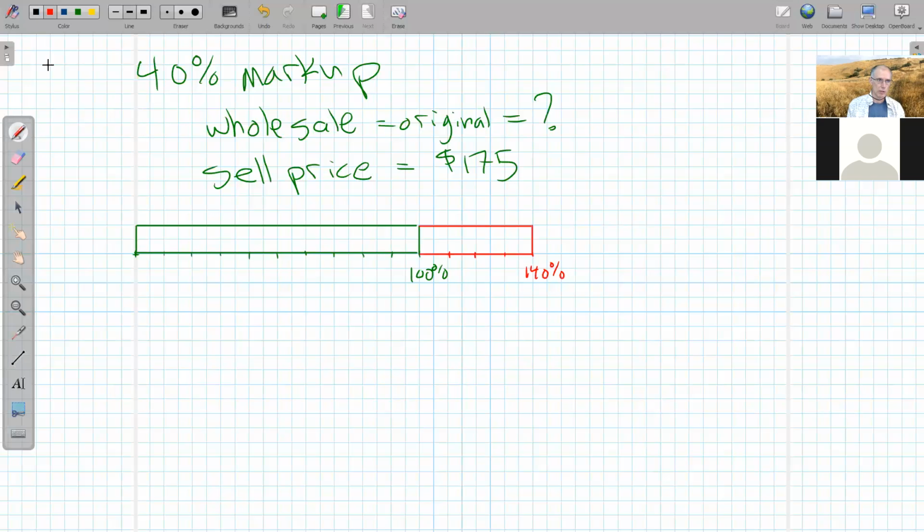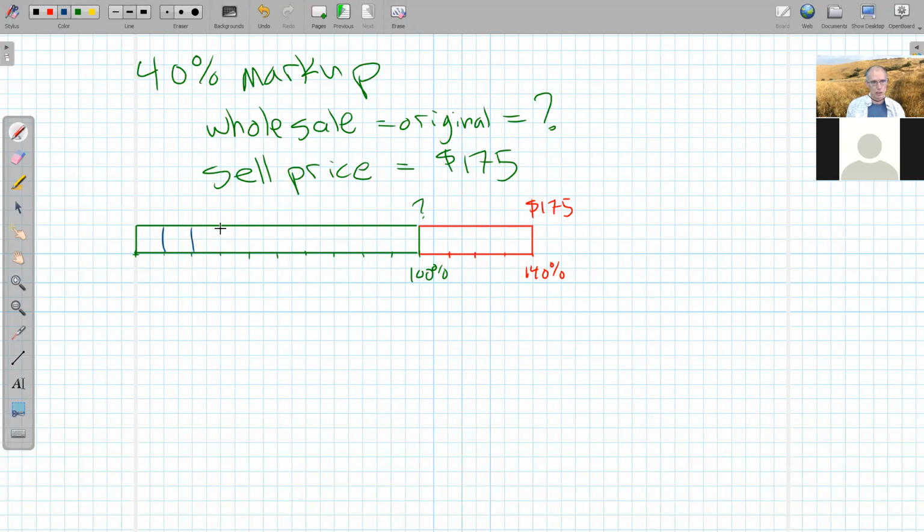So the difference here between this time and last time is this is where the 175 goes. I need to figure out that right there. And I want to try to do it with outer proportion, see if somehow I can look at the picture and figure out how to make this happen. And so in this case, I picked a nice percent like 40, so I can do 10% chunks here.